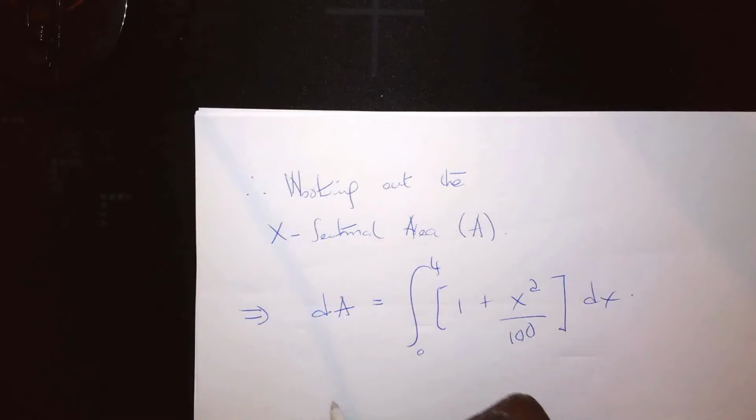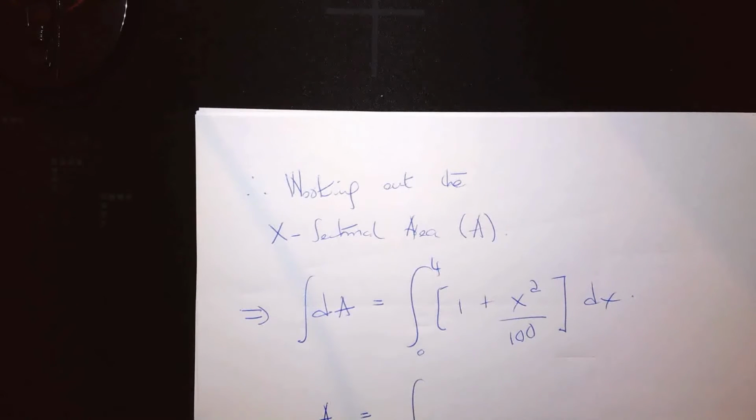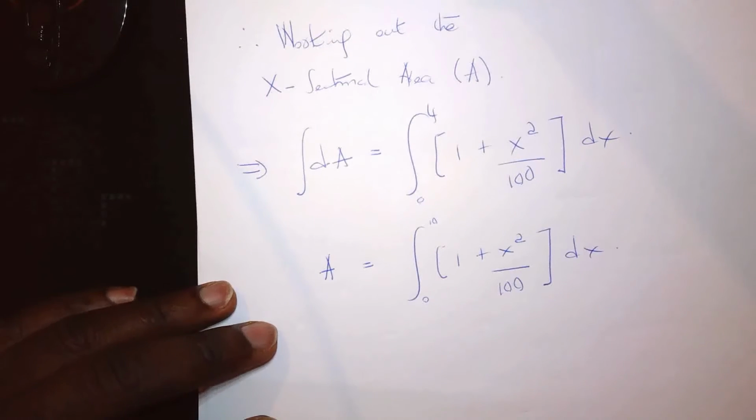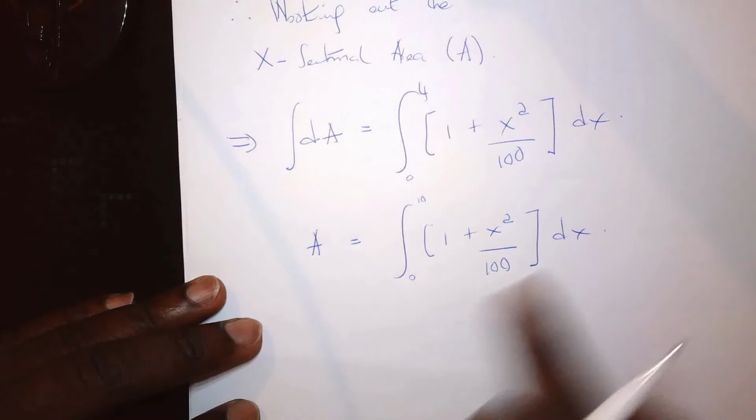Again, we're integrating both sides, so we shouldn't forget. The area is equal to the integral from 0 to 10 centimeters of (1 + x squared over 100) dx. We can integrate each term with respect to x.